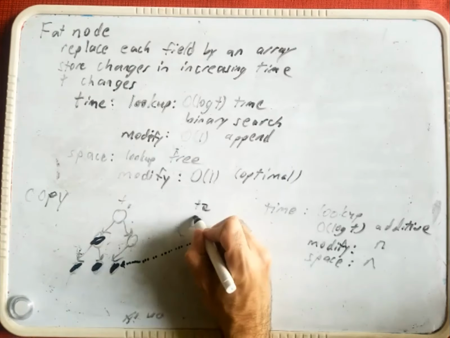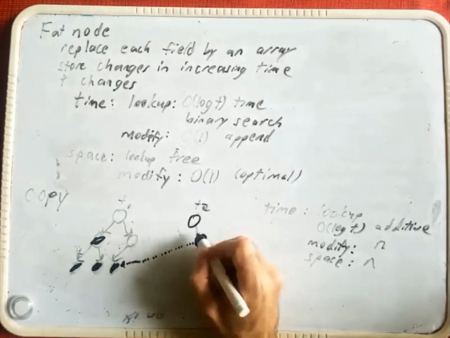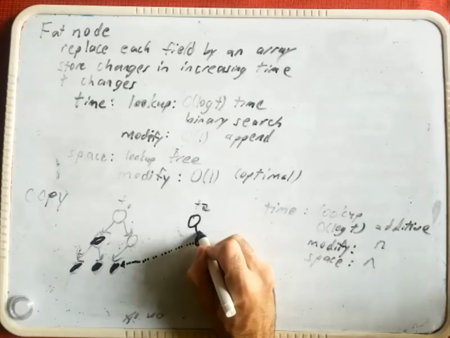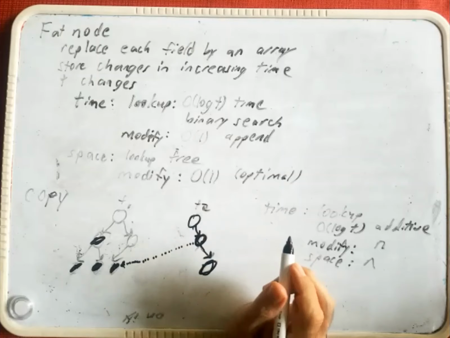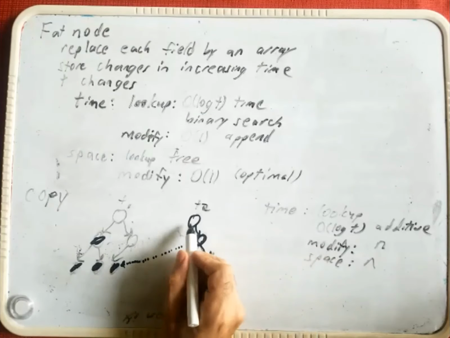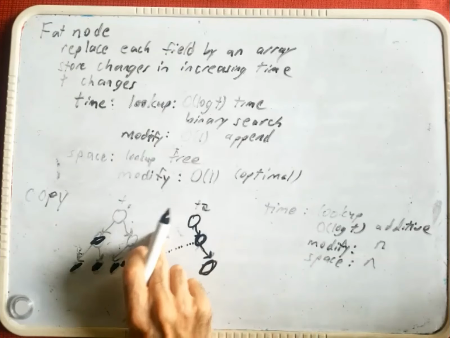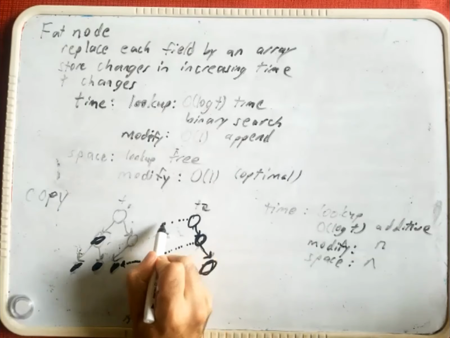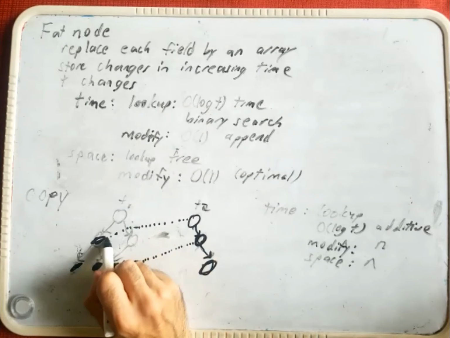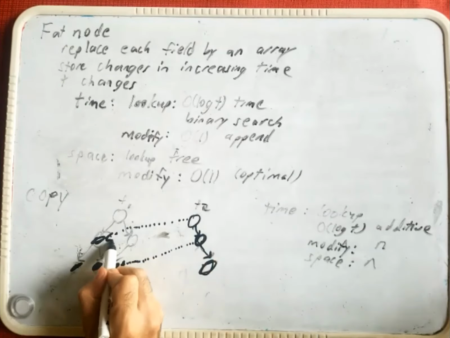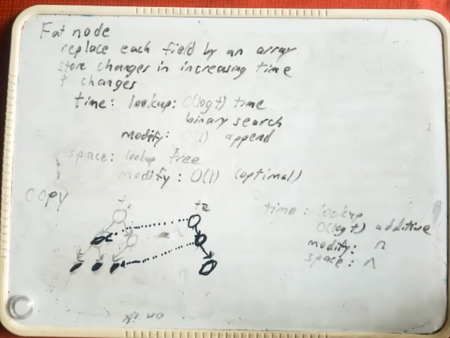Now if I back up to the root, well, the root points at something that has changed. So I need to make a new copy of that pointer and a new copy of the root node. However, the other pointer in the root goes to a node that hasn't changed, and so I might as well point to the unchanged part of the old data structure.